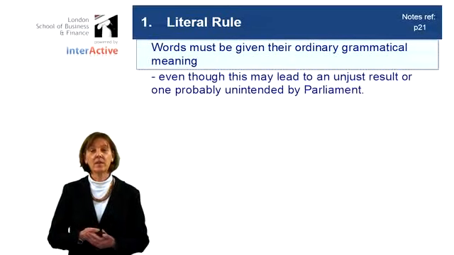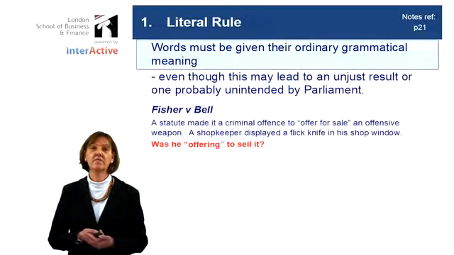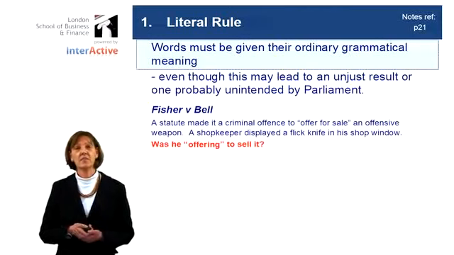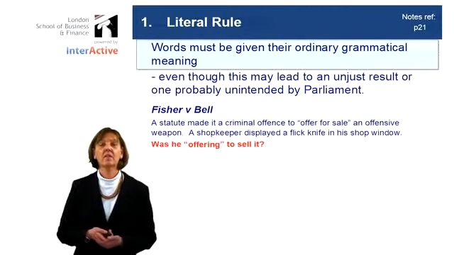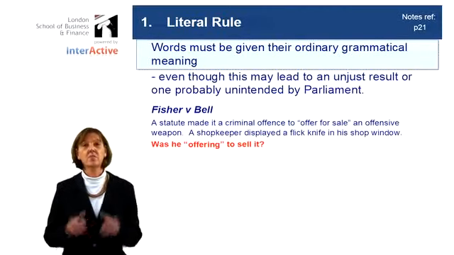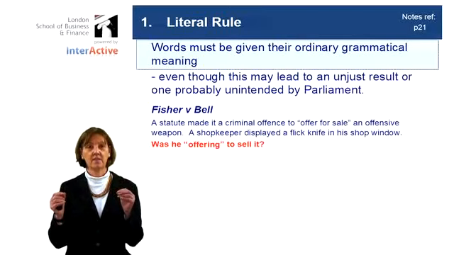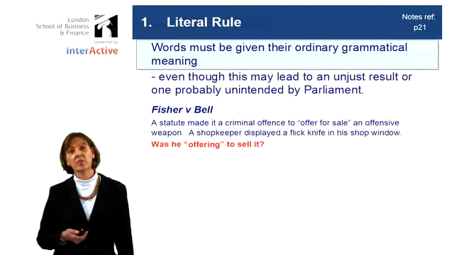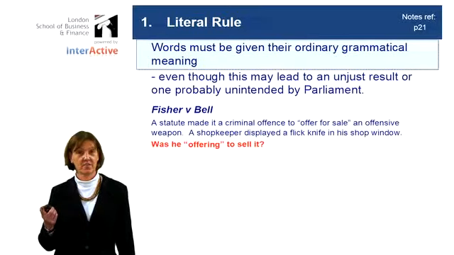And quite a good example of this is the case of Fisher and Bell, a case that actually you will come across at a later stage when we're doing the law of contract. As it tells you, there was an Act of Parliament that made it a criminal offence to offer for sale an offensive weapon. What happened was a shopkeeper displayed a flick knife in his shop window, in fact with the price tag attached.